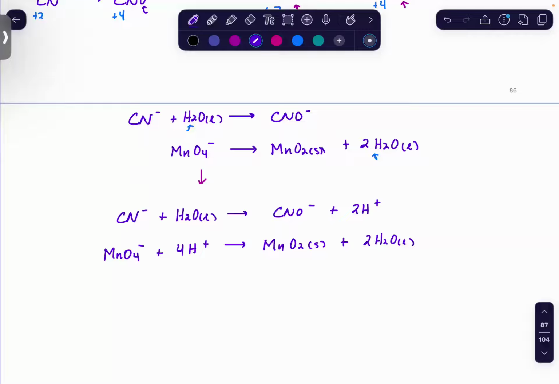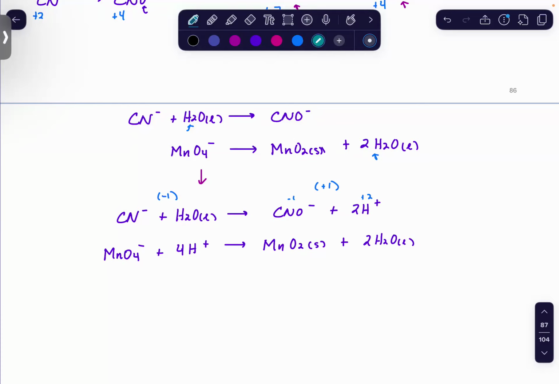We need to use electrons to balance charges. So what are those charges? Well, let's look at the cyanide equation. Cyanide is a -1, water is neutral, so that's a total charge of -1. The two protons are +2, so -1 plus 2, giving an overall charge of +1.